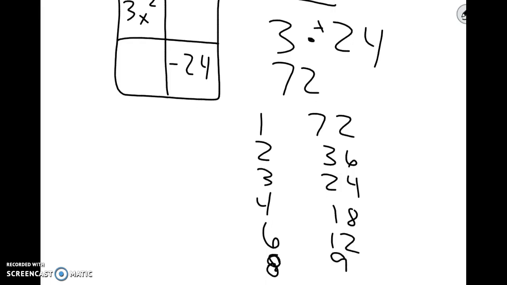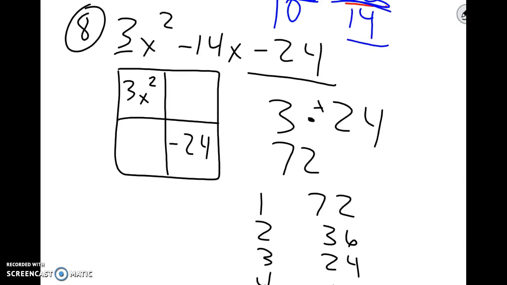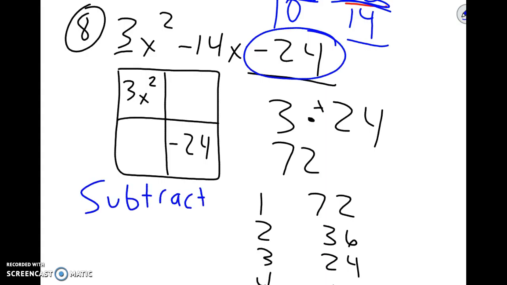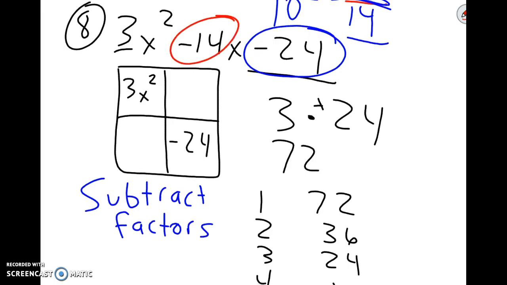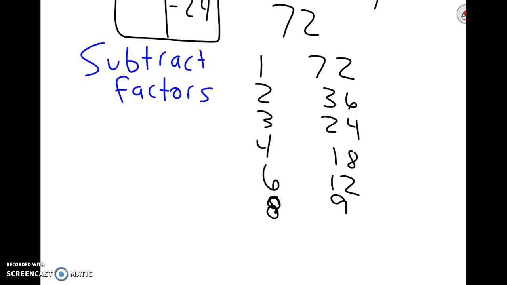All right, so I have my factors, and once again, this is negatives. So we are going to subtract the factors. And what magic number do we want? Negative 14. I want negative 14, so we need to subtract until we get negative 14. 1 minus 72, no. 2 minus 36, no. 3 minus 24, no. 4 minus 18, yes, 4 minus 18.